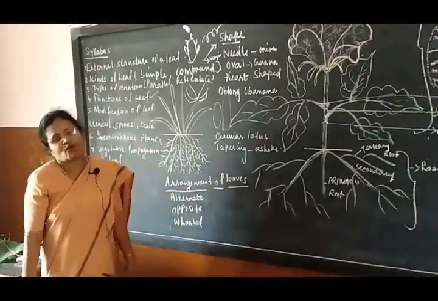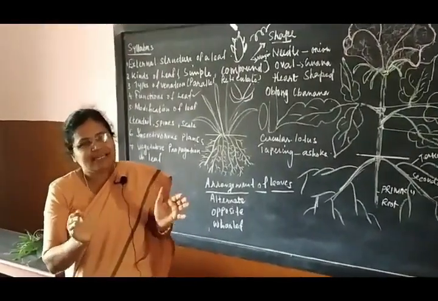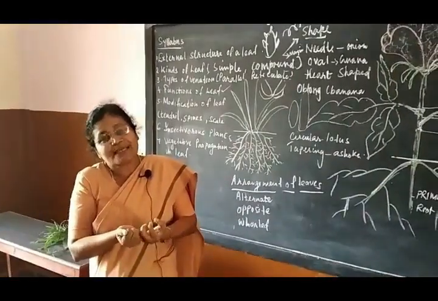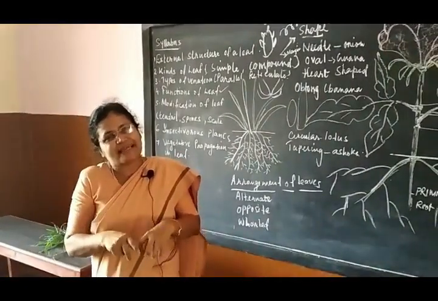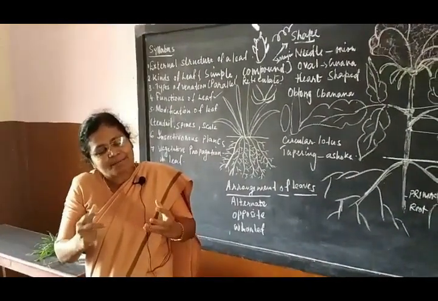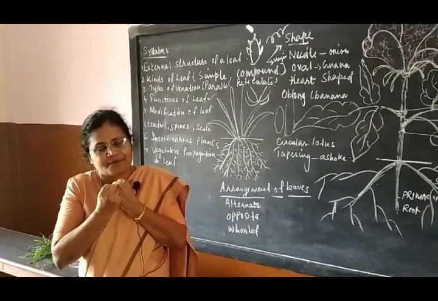Then we have insectivorous plants. Here the leaf is getting modified in such a way that it is able to trap the insects, and it has got enzyme. Enzyme is a chemical compound that has the capacity to digest the insects which are trapped. Trapped matlab pakad gaya. Okay.